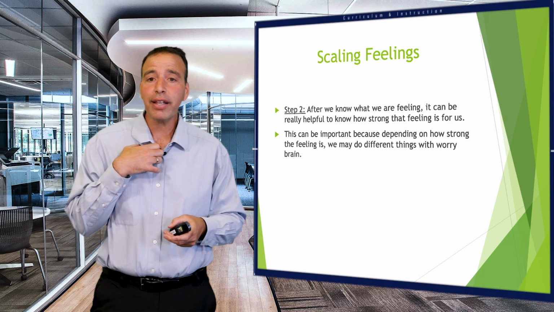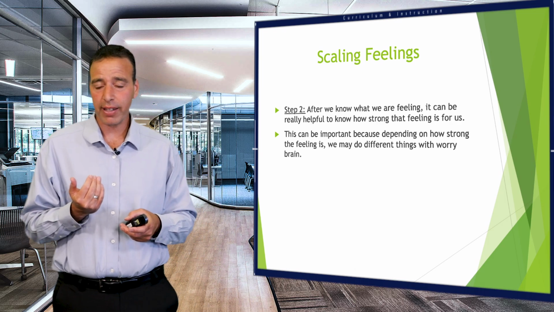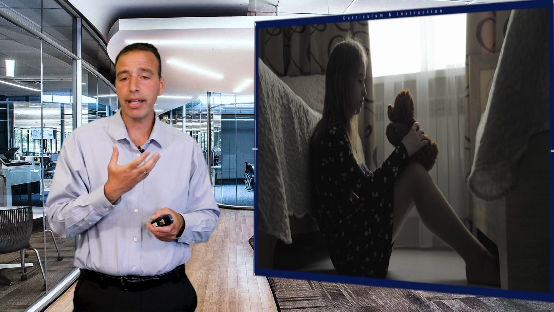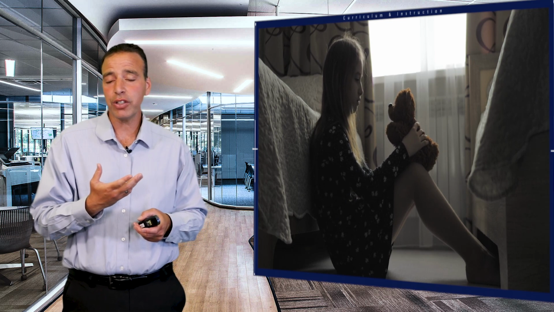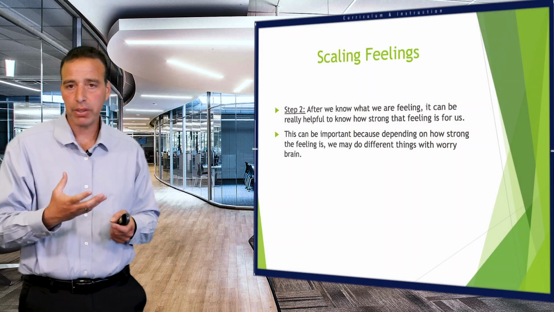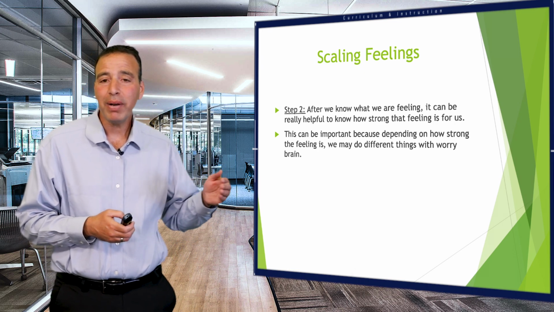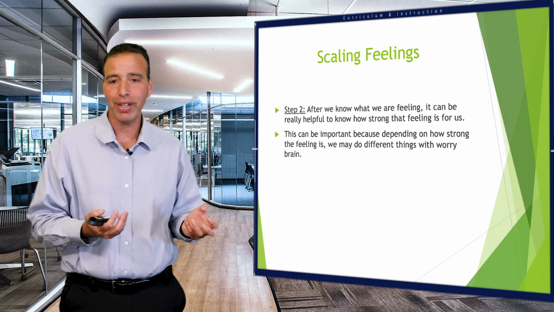This is helpful with any feeling, but we want to focus on it a lot with anxiety, because if we know our kid is at a 10 on their anxiety meter about going to school, we might need to do different things than if they're anxious about going to school at a 2. You might expect that they can push through at a 2, whereas if they're at a 10, you might need to work on some more skills and help them be able to do that.